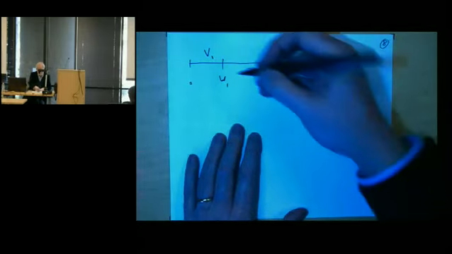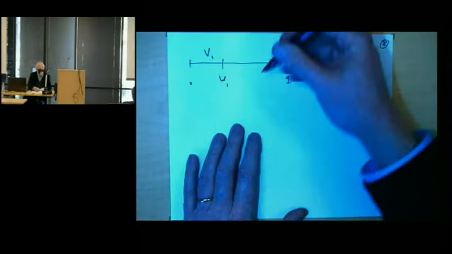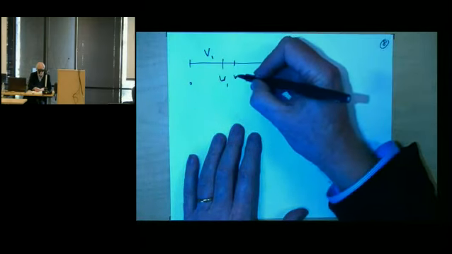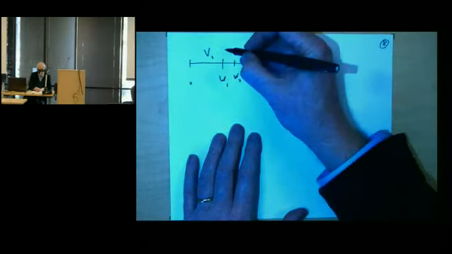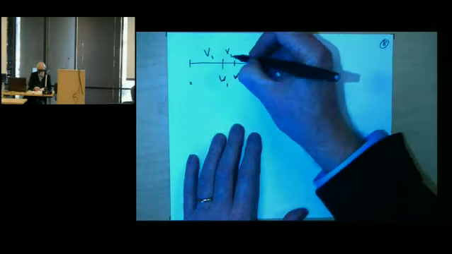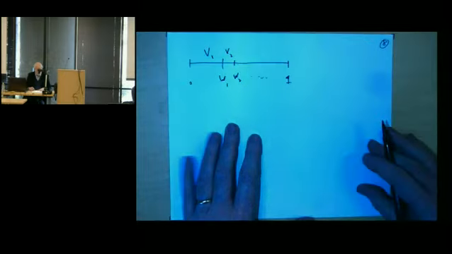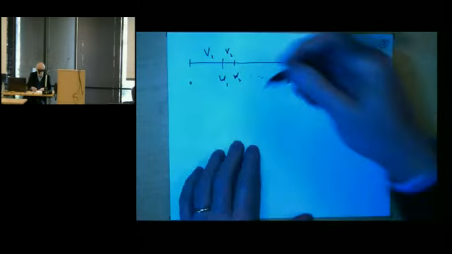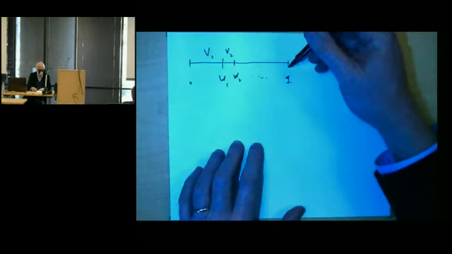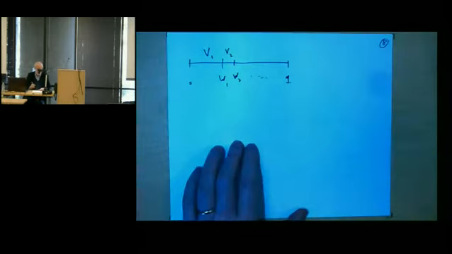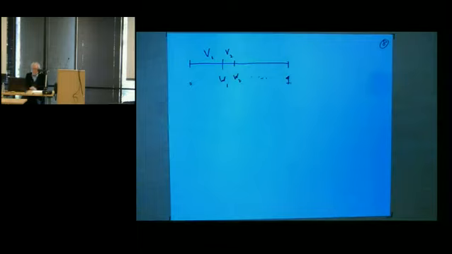Then, reading from left to right, you break it at some other random point, W2, and V2 becomes the distance from W1 to W2, and so on. And if you do that forever, you will eventually get to 1, and that tells you that you're done with this infinite sum.